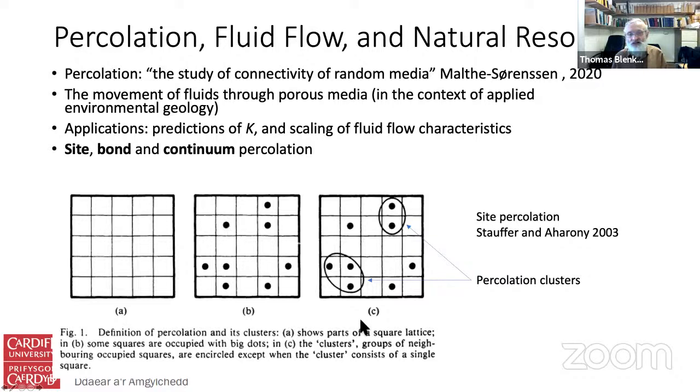And we're going to find, as we start to fill up more and more of those cells, that two or three of them are going to cluster together to form a continuous connected so-called percolation cluster. That's a very important concept in percolation theory.